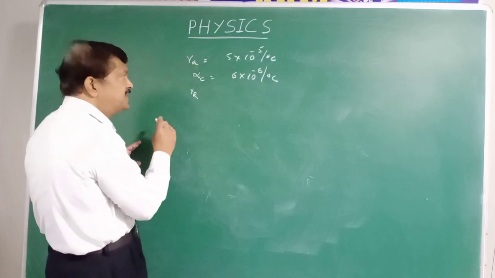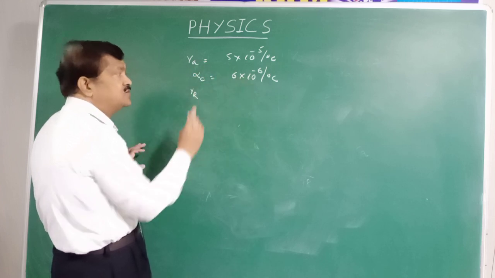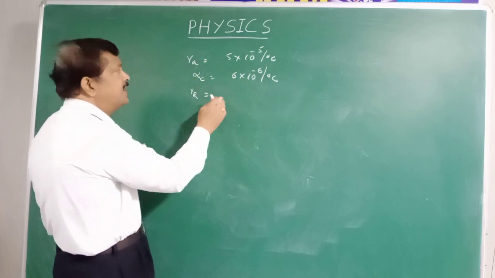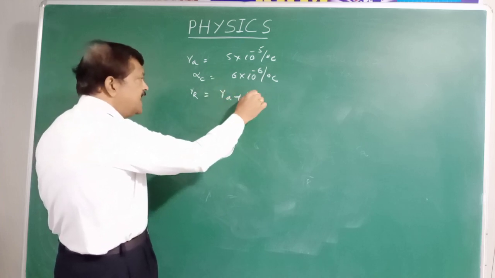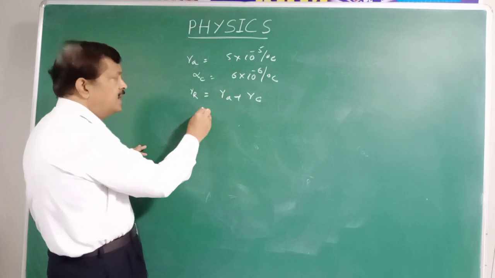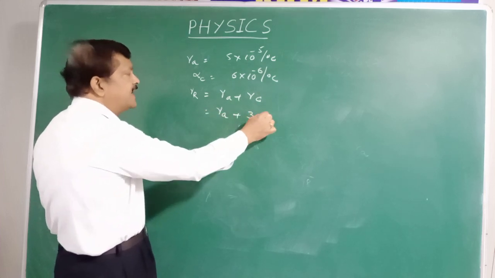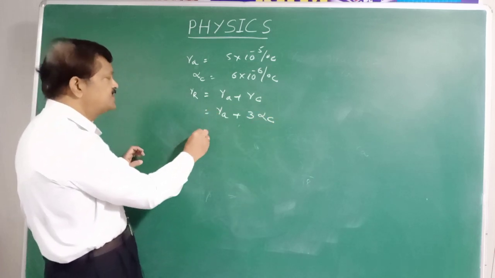The coefficient of apparent expansion is given and the coefficient of expansion of the container is also given. So gamma R I want. What is the value of gamma R? It is gamma A plus gamma of the container, that is gamma A plus 3 of alpha of the container. So let us substitute the values.